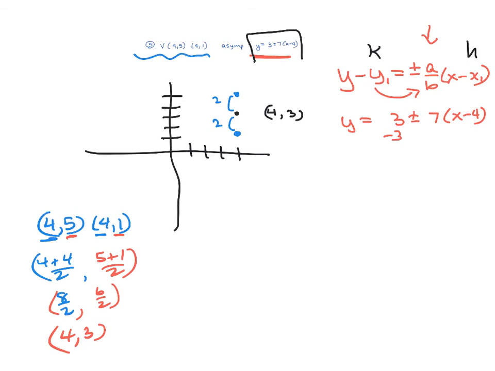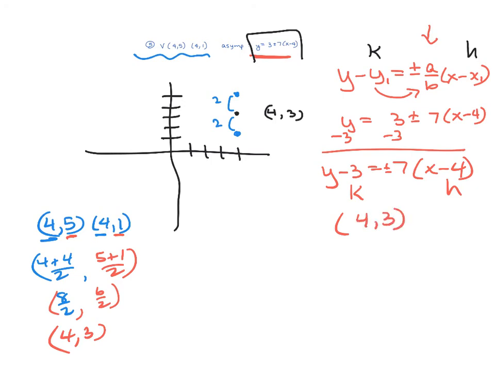So I'm going to move it back so it's in the form that you're going to memorize. So now I could get my h and k right out of my asymptote, the 4, which is the h, and the 3, which is the k. That's going to give me my center point.